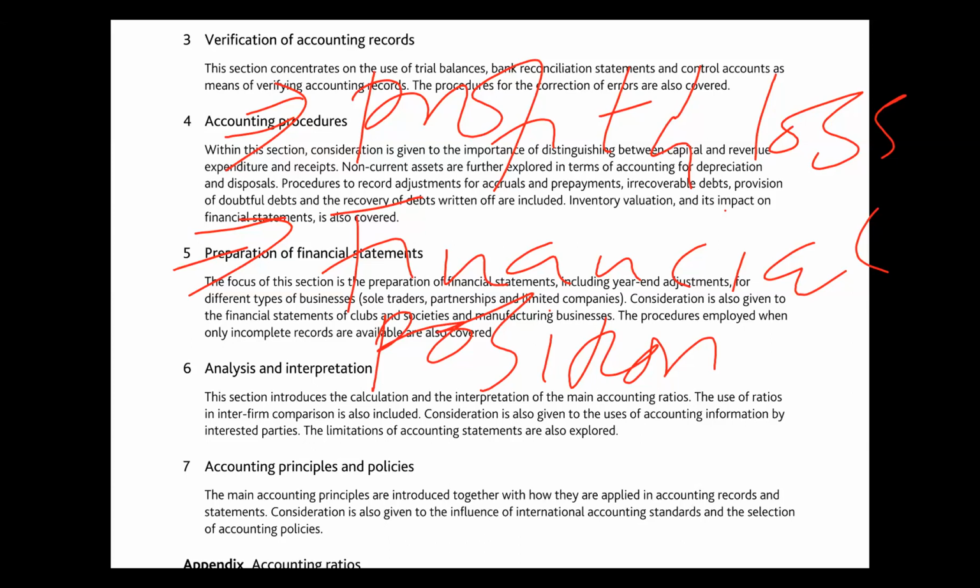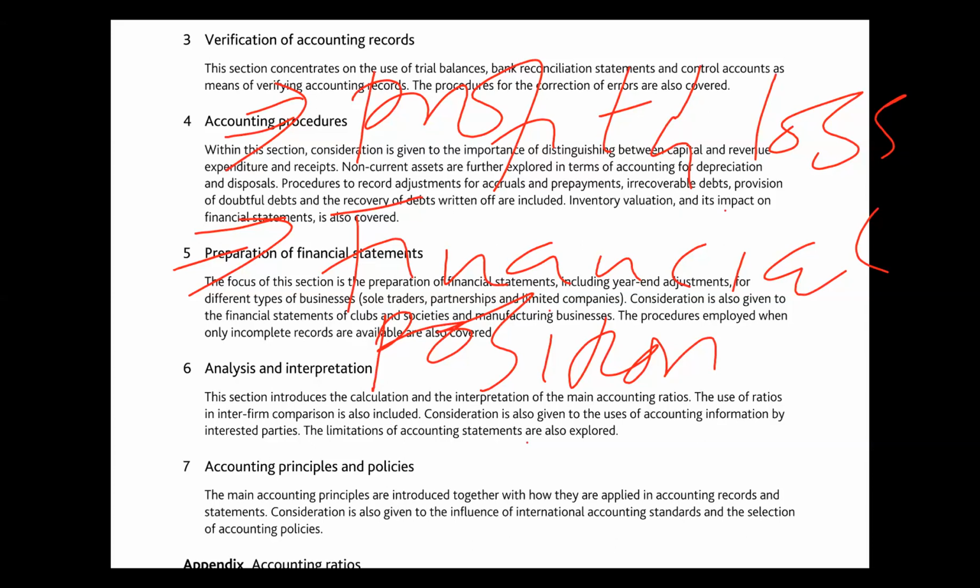That is very crucial. You also need to consider the preparation of statements for clubs, societies, and manufacturing businesses. I'll show you how they differ and how you make records. And then we'll also look at incomplete records.